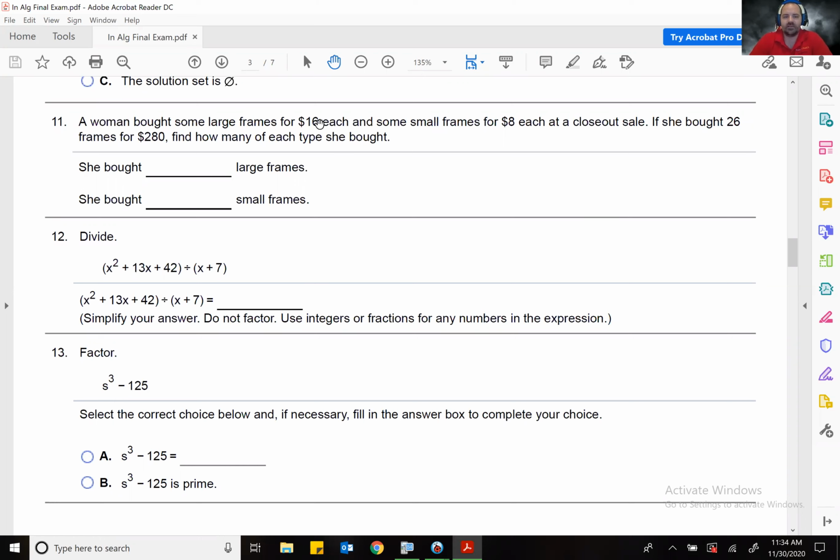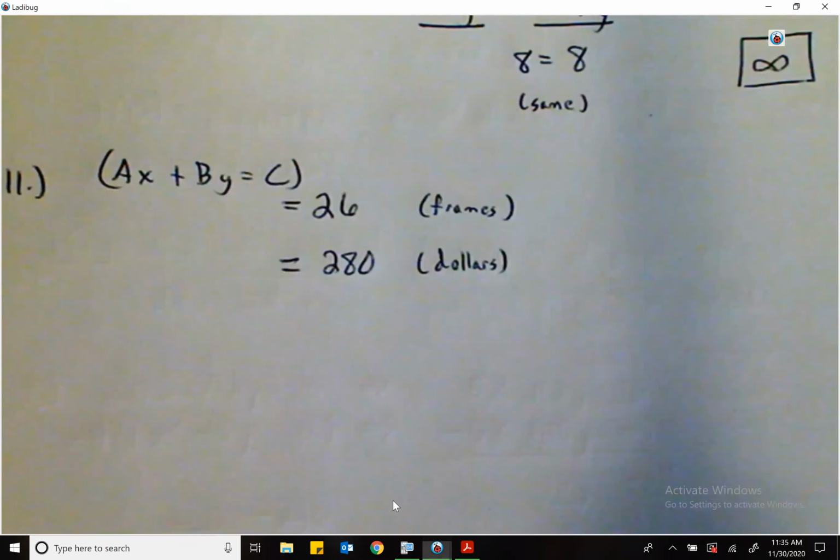Which equation will the $16 for large frames and the $8 for small frames go in? Which equation should I put these numbers in? The frames or the money? Again, look at what's on these numbers.